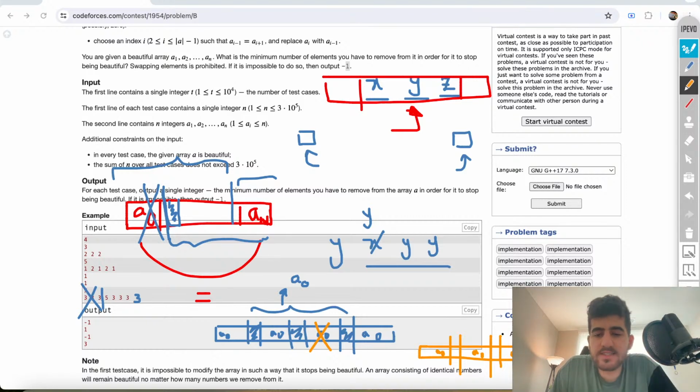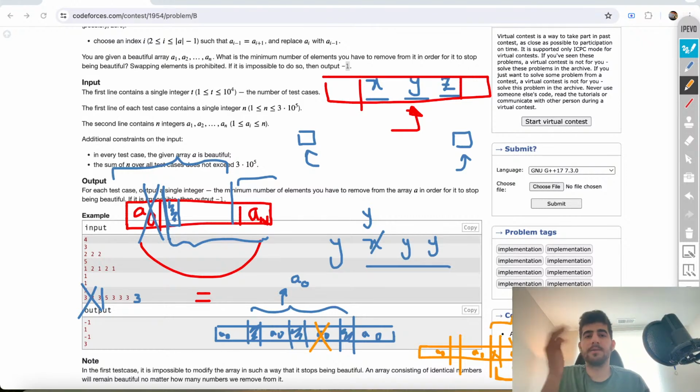Because if you do that, either the first or last element is not going to be a0 and the other one will be a0, or there are two different elements right after each other. It's okay if they have any values; they can also be equal. If these two elements are adjacent, even if x is equal to y, then there's no way that we can make both of them a0, because each one of them needs the other one to become a0 first, right?